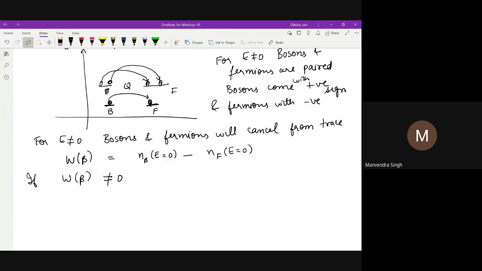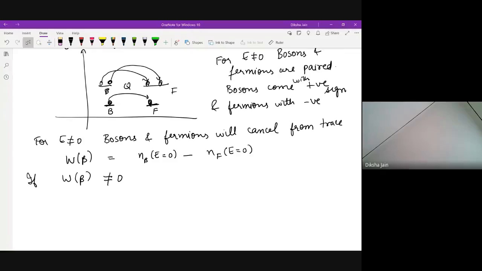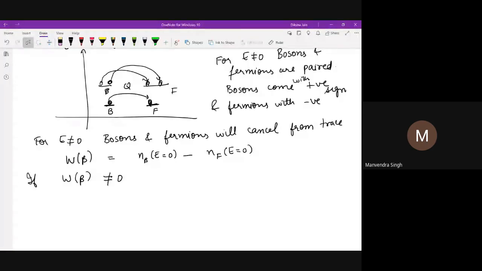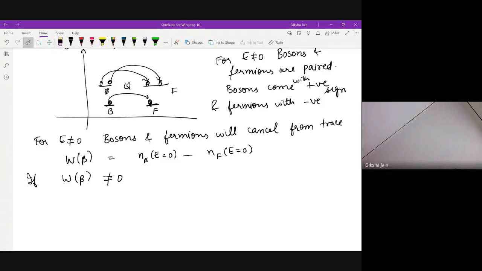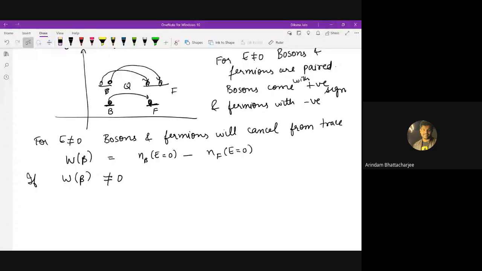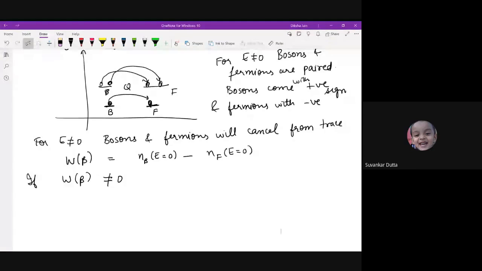No. But you can have 2 types of fermions, but they will occupy different states. But bosons can occupy the same state. But then you won't be able to even put 2 bosons in that box. So you're saying I won't be able to put 2 bosons in that box? Mm-hmm.